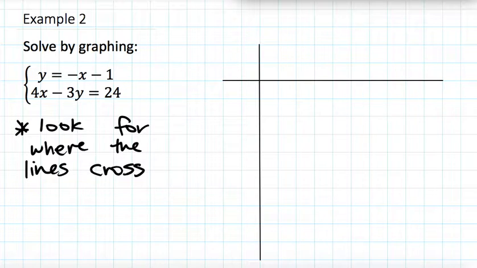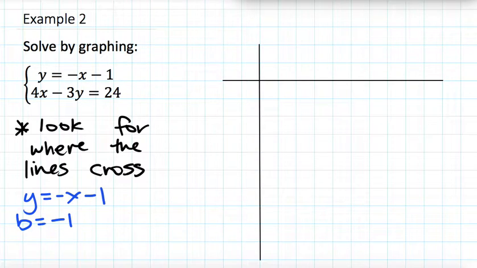So my first equation here is y equals negative x minus 1. This one is in slope-intercept form. So we want to identify the slope and the y-intercept. B, my y-intercept, is negative 1.